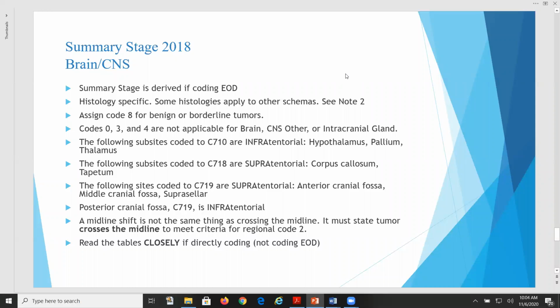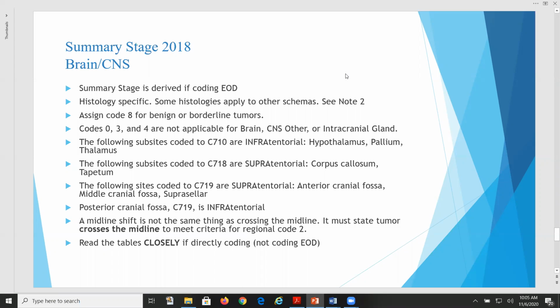The following sites coded to C710 are infratentorial: hypothalamus, pallium, thalamus. Supratentorial sites that are coded to C718 are corpus callosum and tapetum. Supratentorial sites also include anterior cranial fossa, middle cranial fossa, and suprasellar.